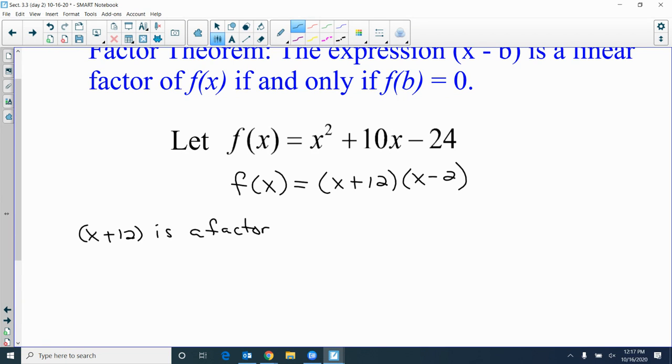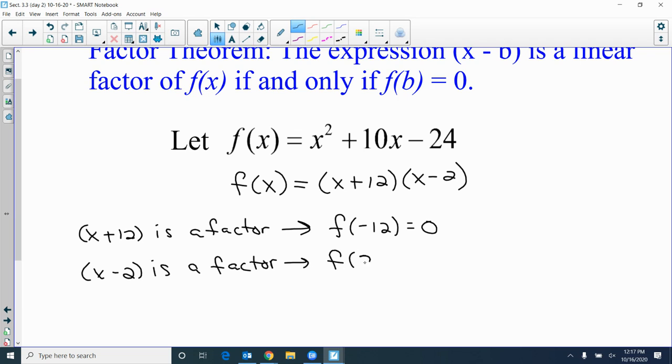What does that mean according to the theorem? Since x plus 12 is a factor, f of negative 12 has to equal 0. I know that x minus 2 is a factor, so that means f of 2 equals 0.